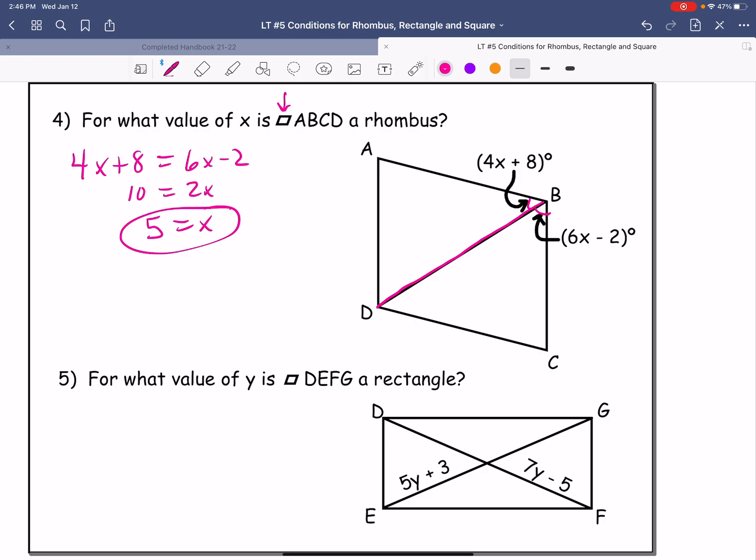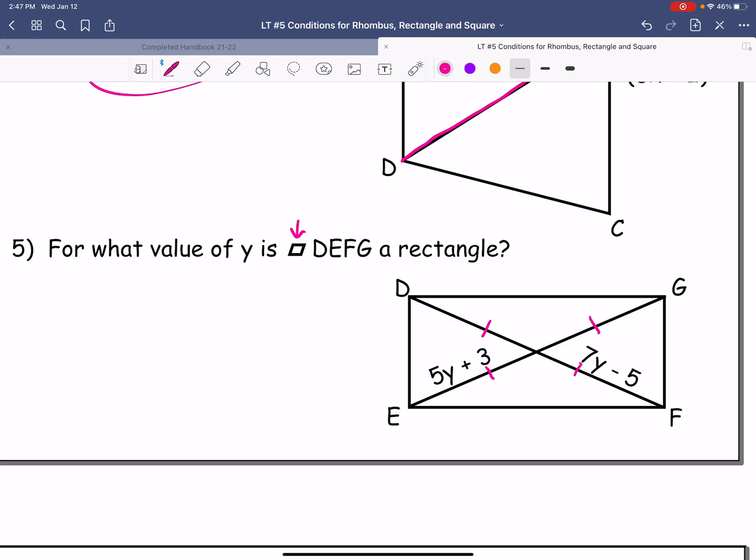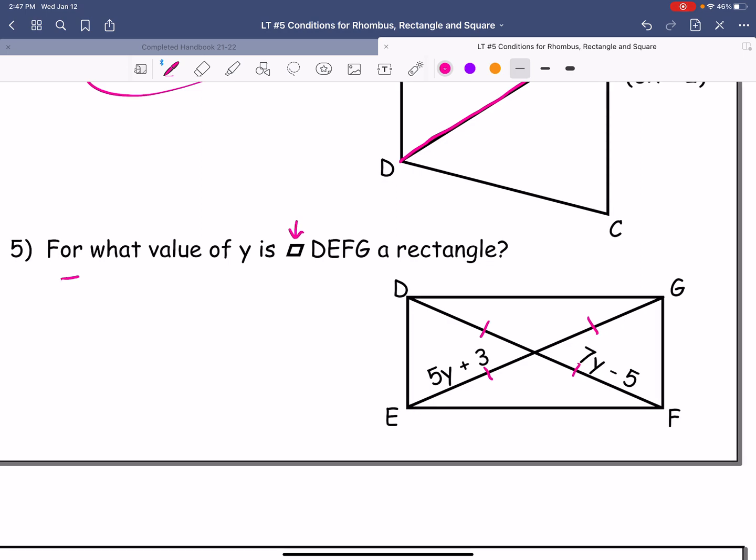For number 5, what's the value of y that will make this parallelogram a rectangle? Well, what we know is that in a rectangle, diagonals are congruent, and because a rectangle is a parallelogram, we have diagonals bisecting each other, making all 4 of those segments equal. So I set 5y plus 3 equal to 7y minus 5, and I solve this.